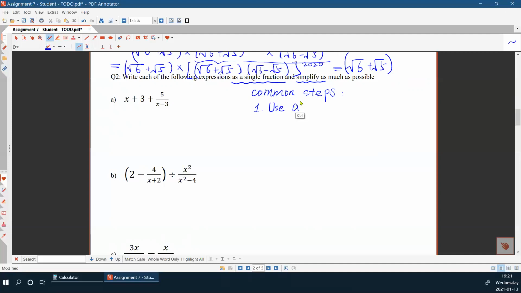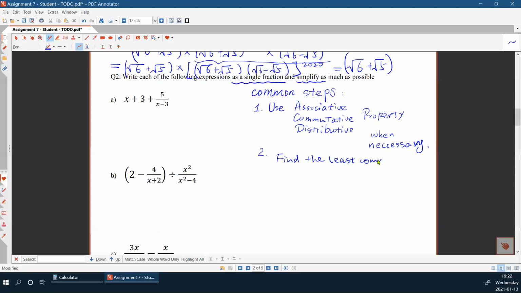Use associative, commutative, or distributive property when necessary.